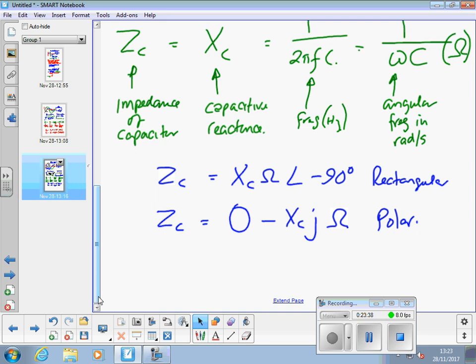Yeah, they are. Well spotted, Lewis. Polar. Rectangular. Alright, so we're okay with the three basic conditions that we can have and how they can be represented with phasor diagrams and in the two methods of complex arithmetic that you've come across before.